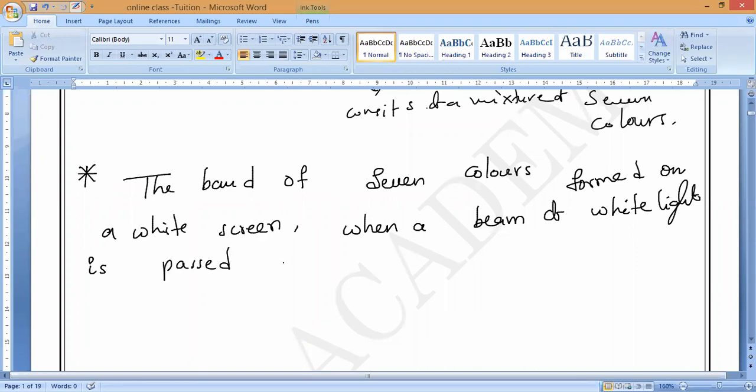Glass slab or glass prism? Glass prism. Passed through a glass prism.